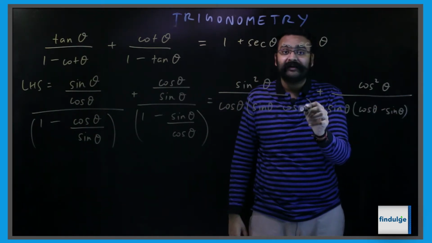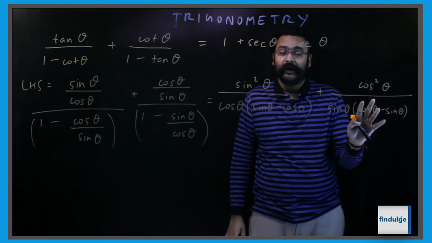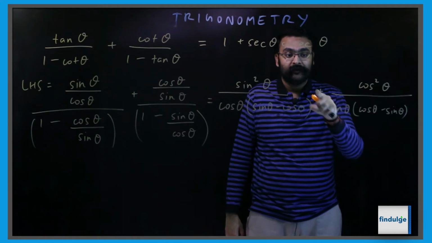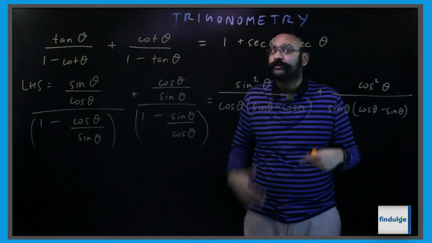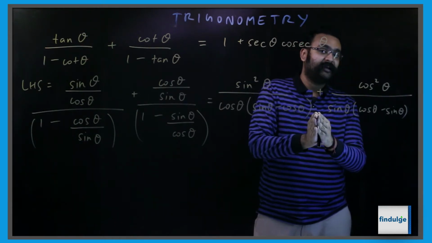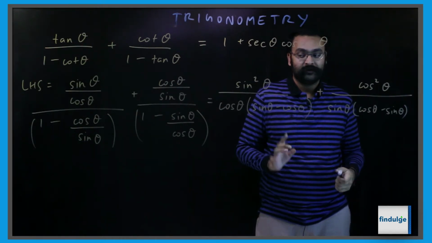If I take minus common from this, it will become sine theta minus cos theta. This plus would change to minus. Because it's an entire fraction, I have taken 1 minus out.